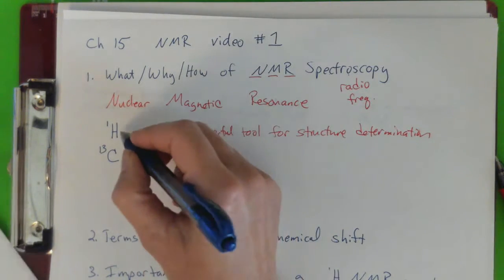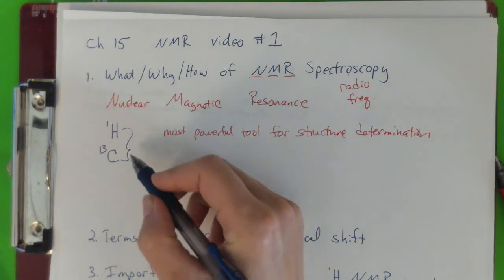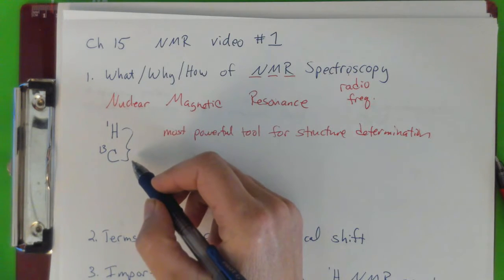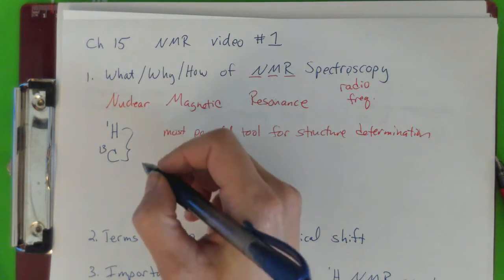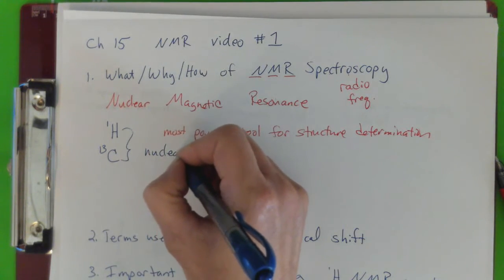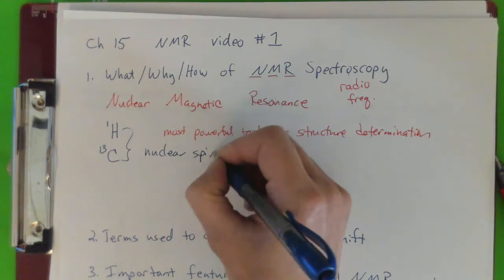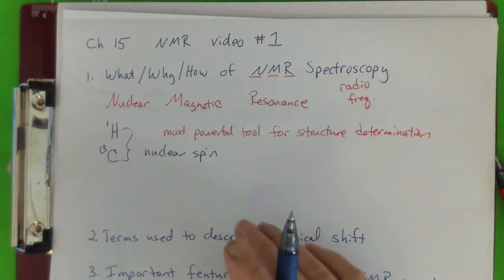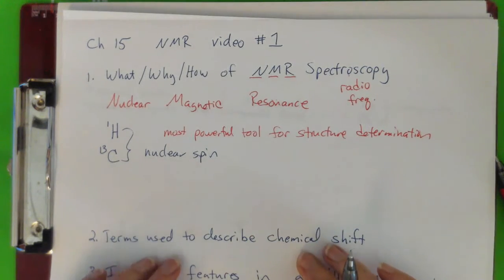And that's because when you have an odd number of protons and/or neutrons, you have that nuclear spin. I'm just going to write down nuclear spin.